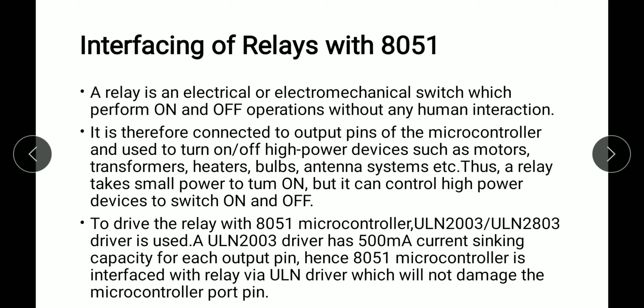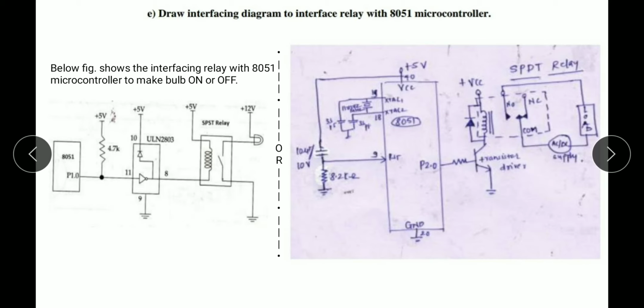Here we see how we can interface the relays with the 8051 microcontroller. This is the relay, and here is the driver, ULN 2803, or we can connect the ULN 2003 also. It is used to drive the relay.